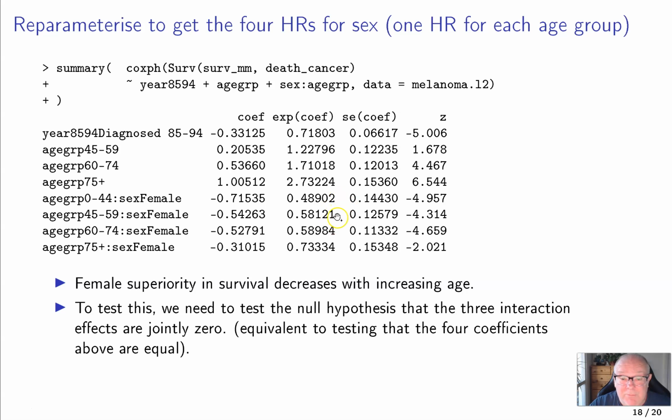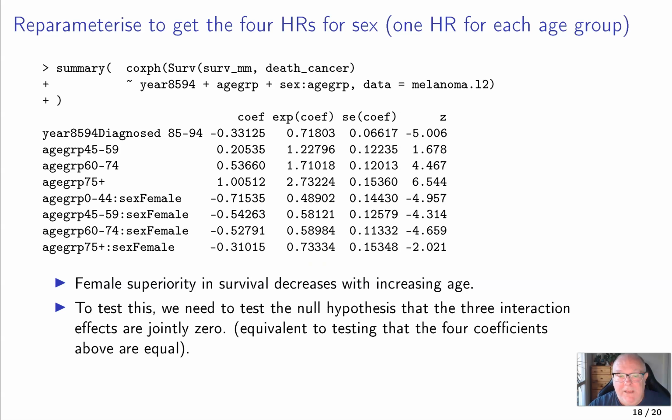For the next age group, they have 42% lower, then 41% lower, and in the oldest age group, females still do better than males, but the females only have 27% lower mortality. So the female superiority in survival depends on age. It decreases with decreasing age.